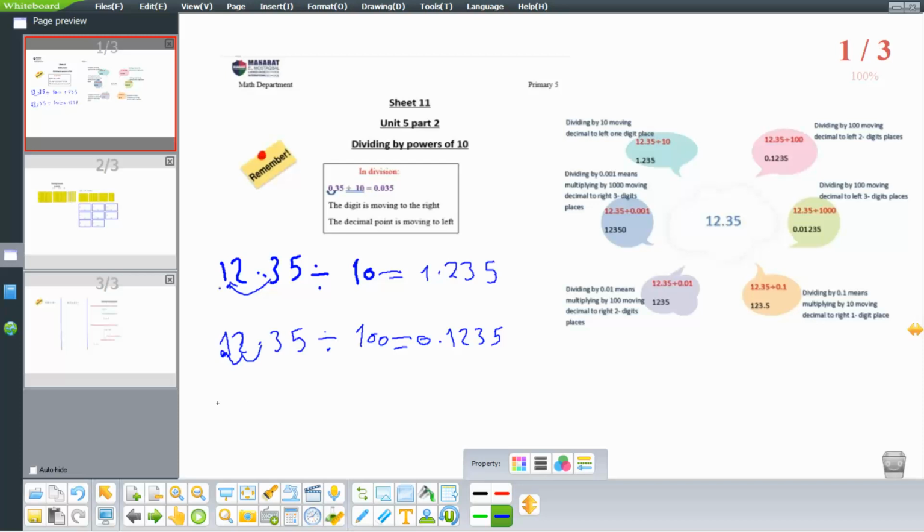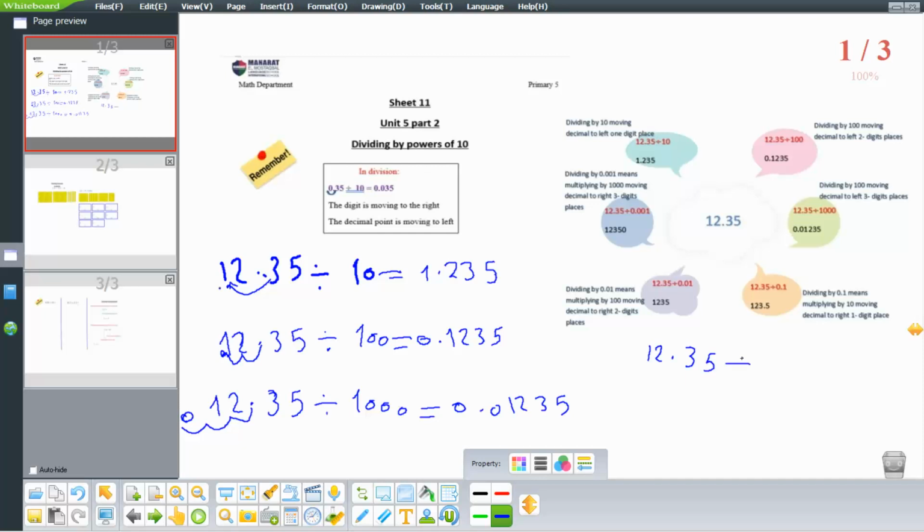If we divide 12.35 by 1000, we move the decimal point to the left: 1, 2, and we don't have 3, so we put 0 and put the decimal point. It will be 0.01235.